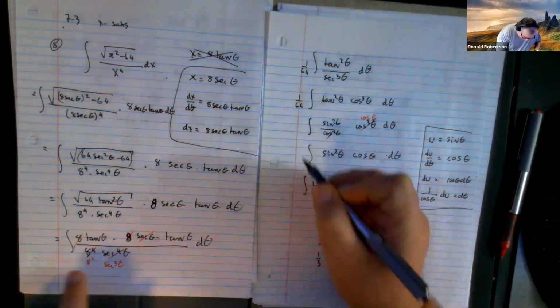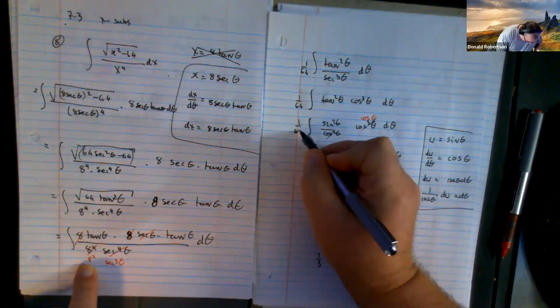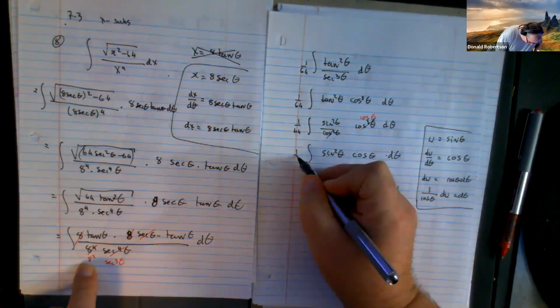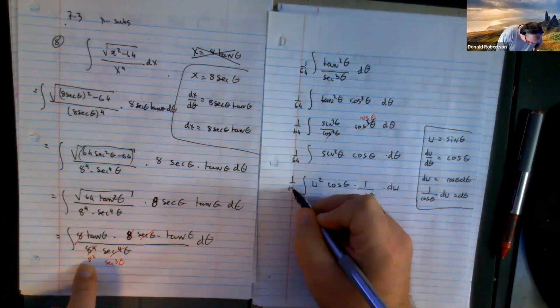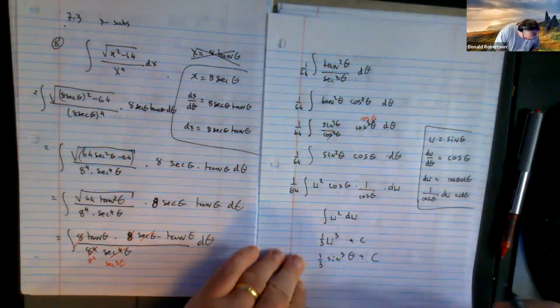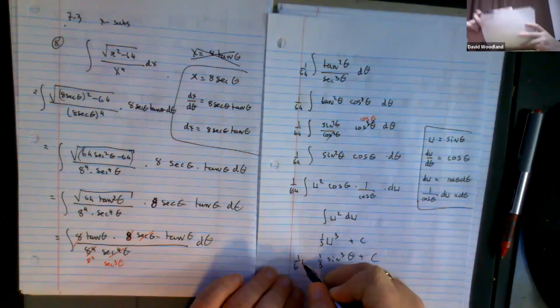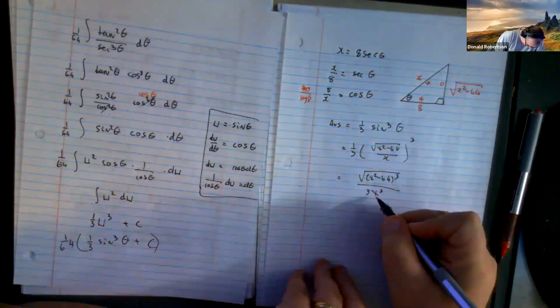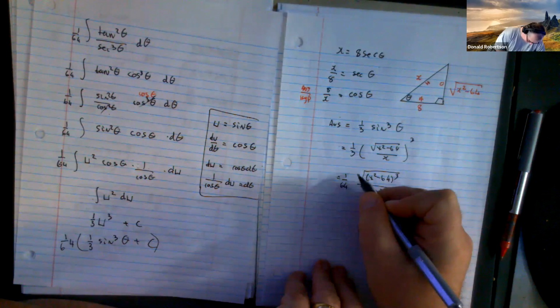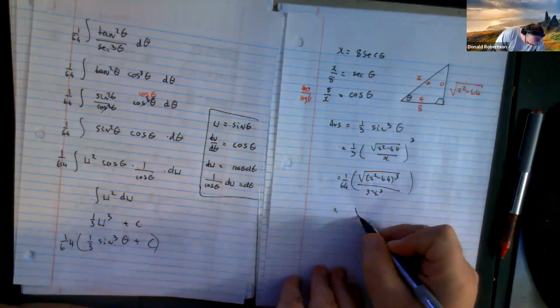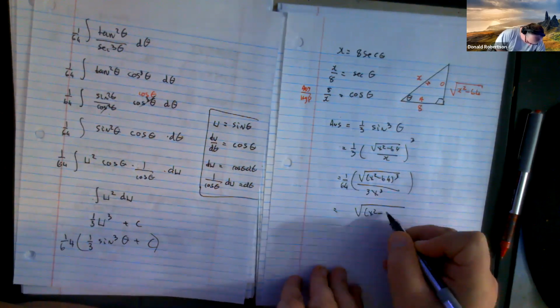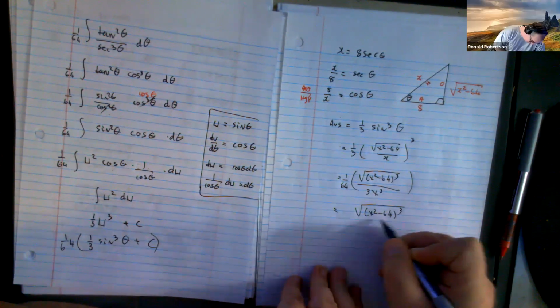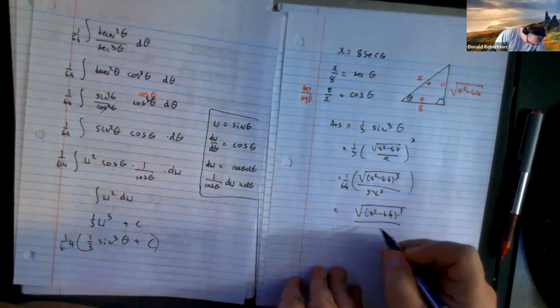See, there's a 64. Right, and 1 over 64. So I'm just sticking it here at the end. So we are now going to be 3 times 64, which is 192.